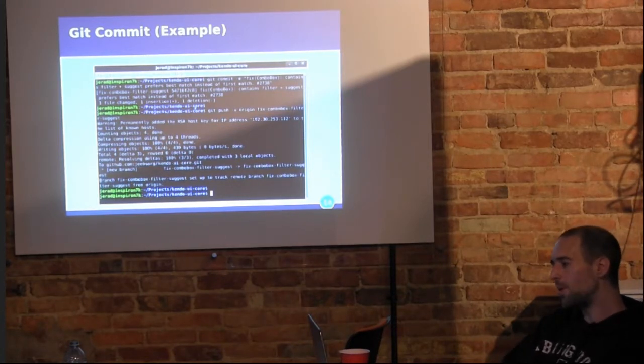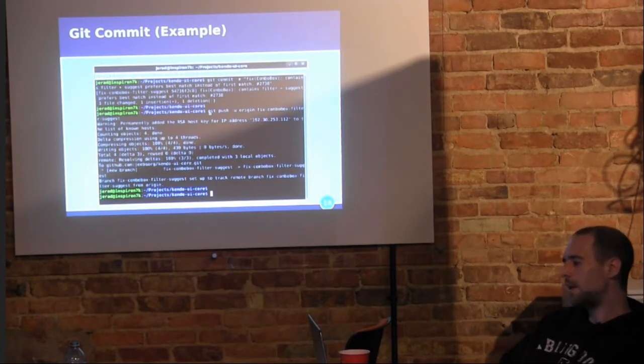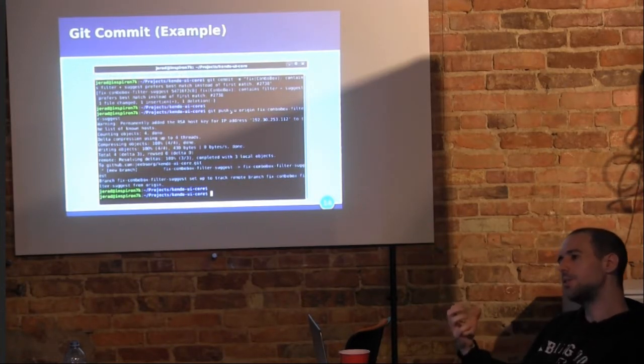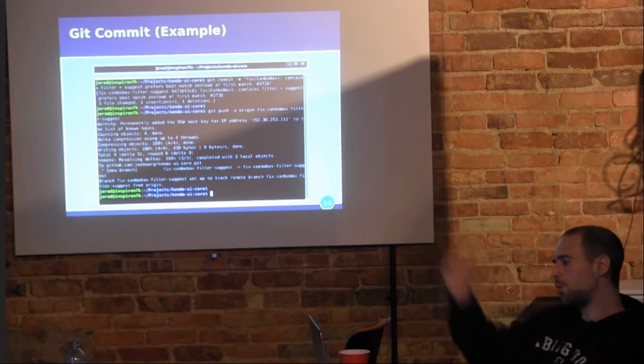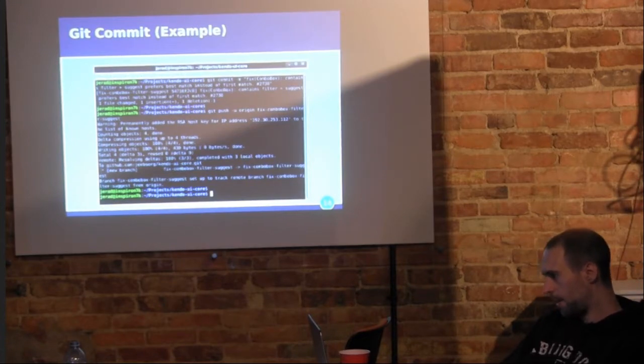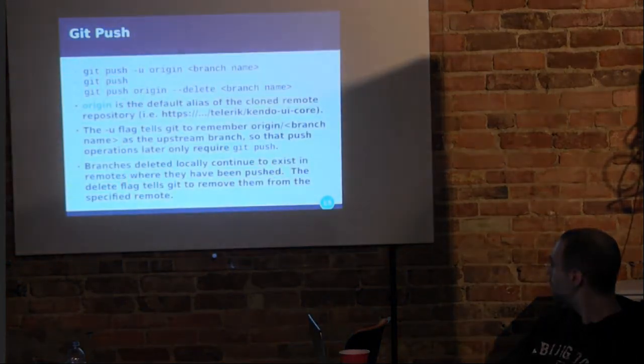Here's a new one for you. Git push. So we talked about git pull already. That's how you grab changes from a remote repository. Git push is how you give changes back to a remote repository. And rather than trying to read a lot of that small text, here we go.